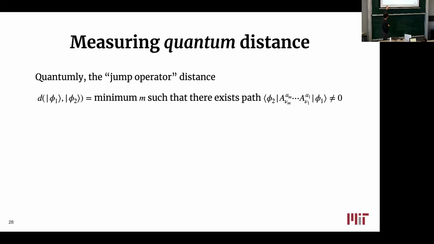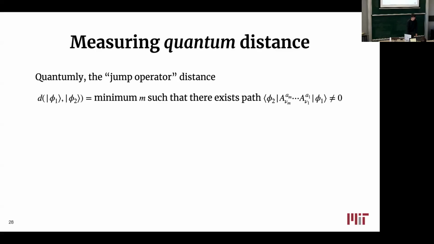And so the immediate definition of distance that would generalize Hamming distance here is how many of those A^nu_a's I need to go from one state to another and have a non-zero transition between them. So the distance between any two states can be defined as the smallest number of A^nu_a's I need to get a non-zero matrix element between those two states.